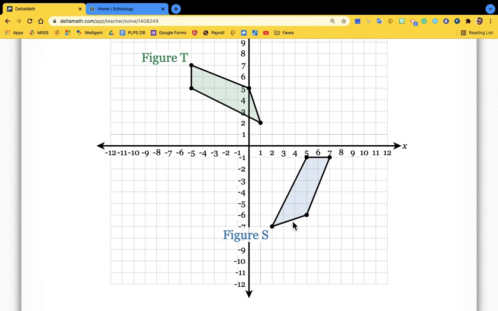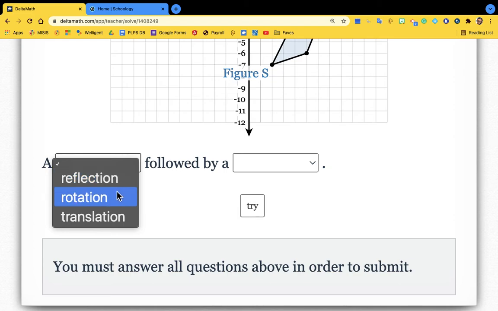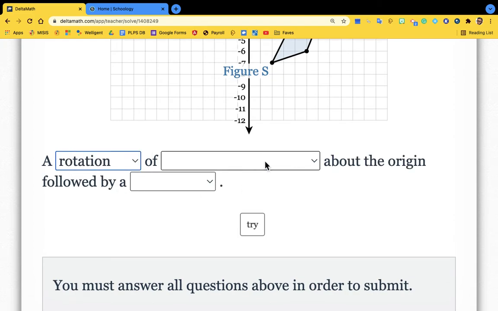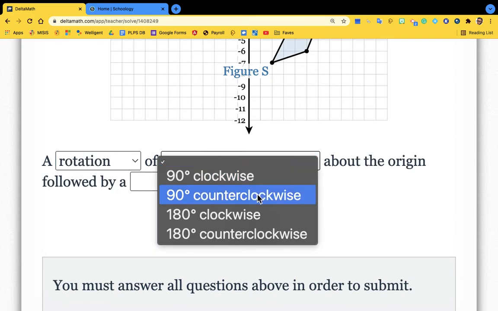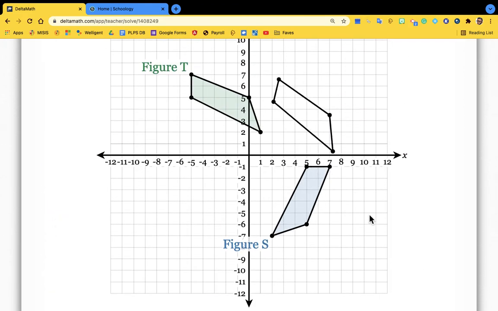I'm going to do one rotation. This is counterclockwise, so I'm going to say rotation of 90 degrees counterclockwise. Let's see what happens here. Ooh, I'm close. Look, the whole thing is kind of shifted to the right.